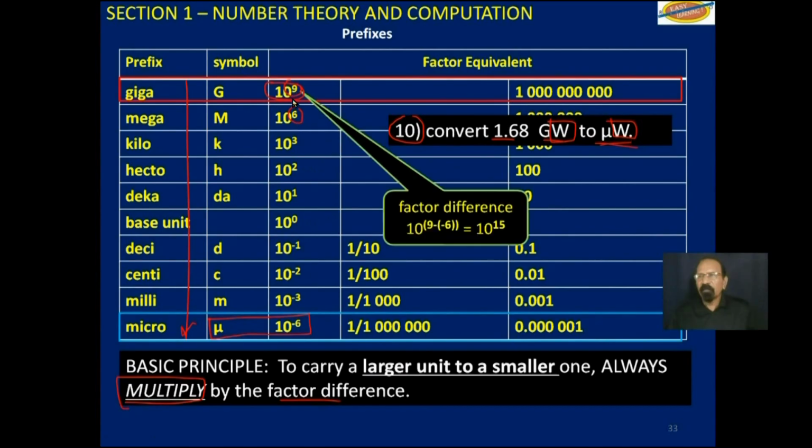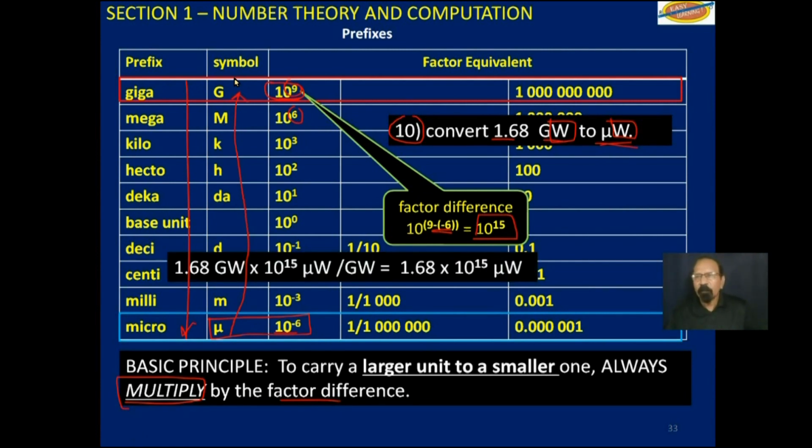So the factor difference will be 10 to the 9th divided by 10 to the negative 6. Of course, that means you will subtract the indices and you get 10 to the 15th. It takes that amount of microwatt to make 1 gigawatt. Going the other way around, we will have to multiply 1.68 gigawatt by 10 to the 15th.